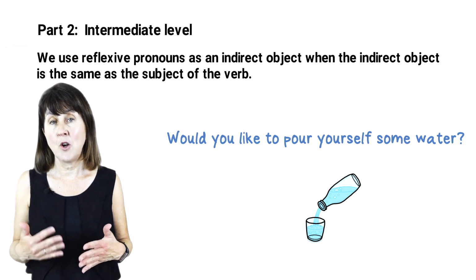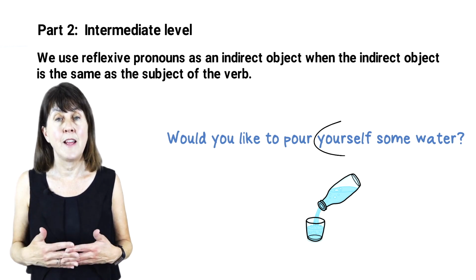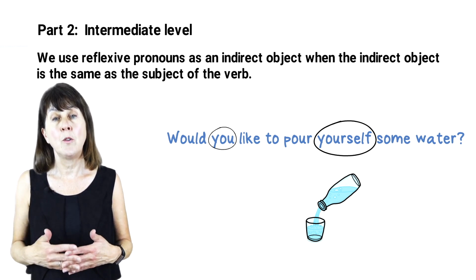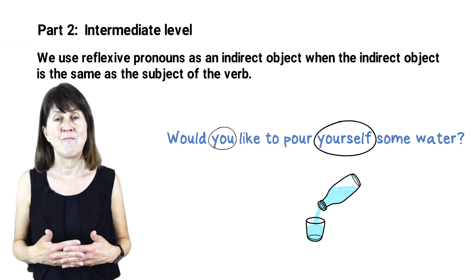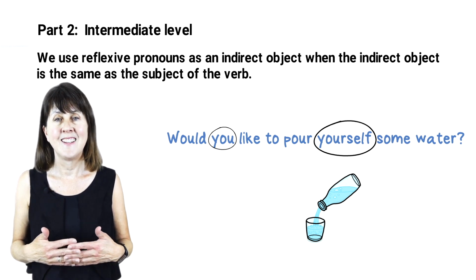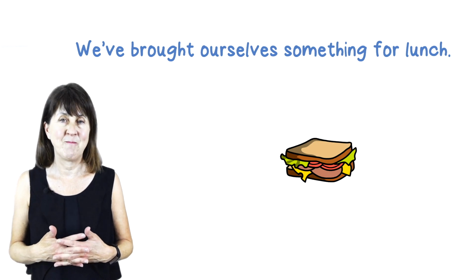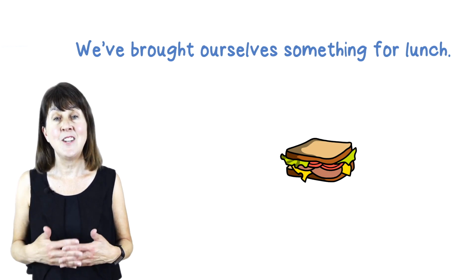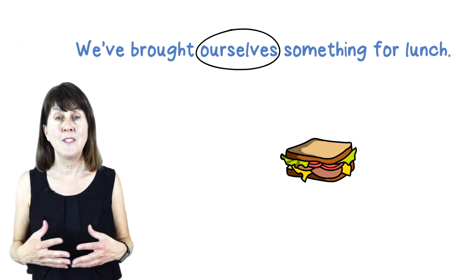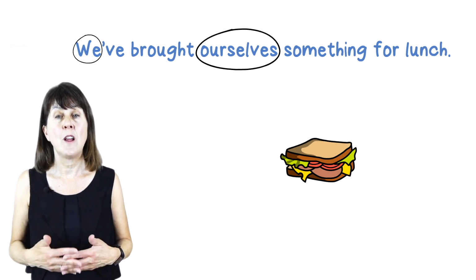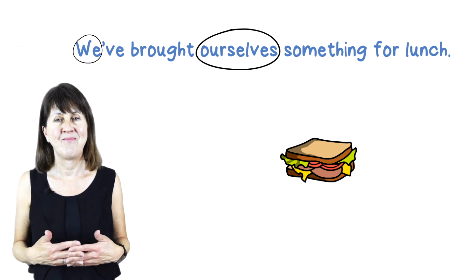Here, the indirect object is yourself, and it's the same as the subject, you, so we use a reflexive pronoun. Or, we've brought ourselves something for lunch. Here, the indirect object is ourselves, and it's the same as the subject, we, so we use a reflexive pronoun.